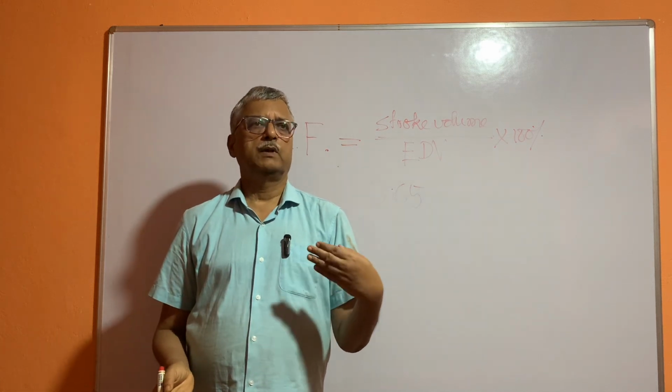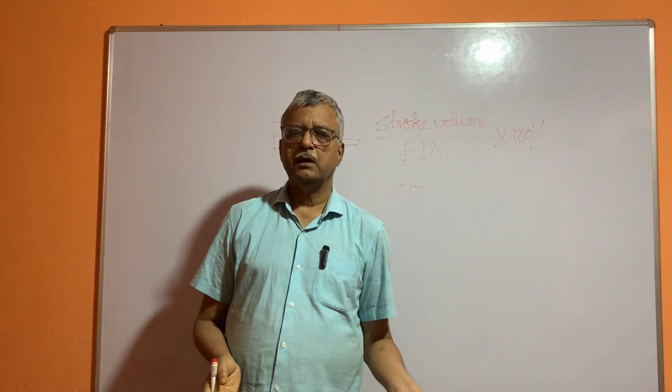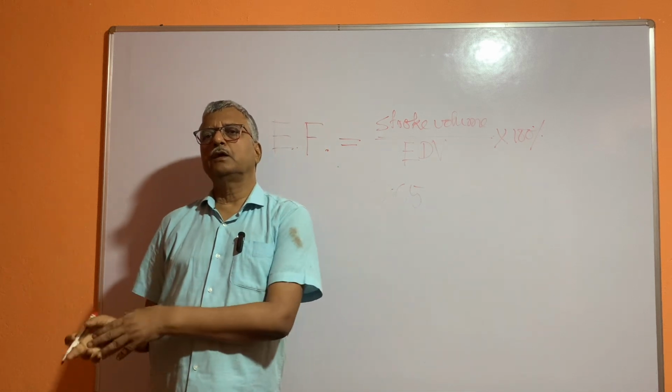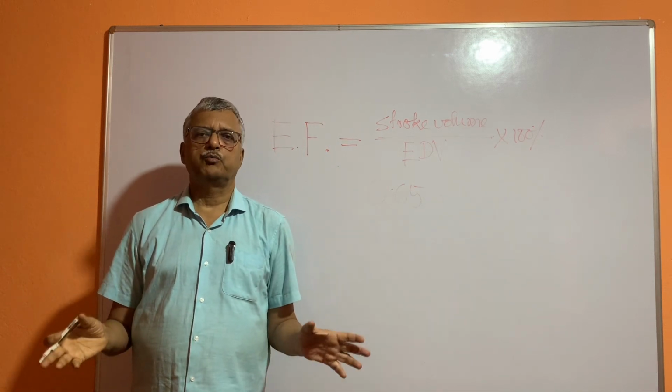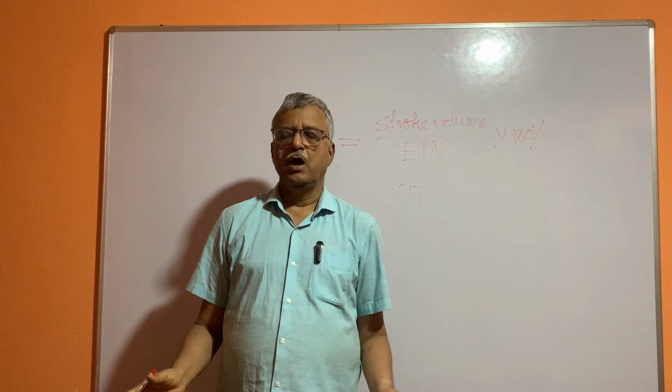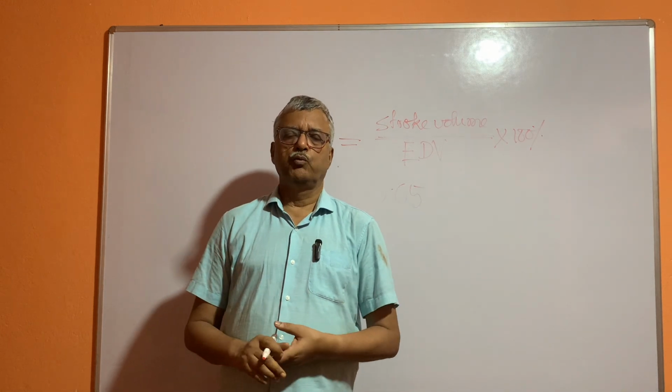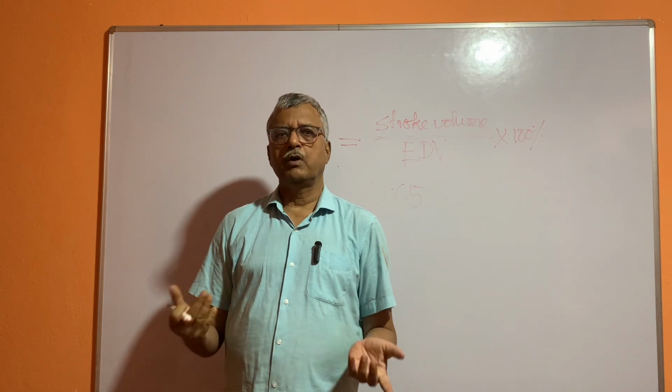So we see that when the heart rate is below 50 per minute or greater than 150 per minute, the cardiac output is lower. But within 50 to 150 per minute, the cardiac output is more or less normal.